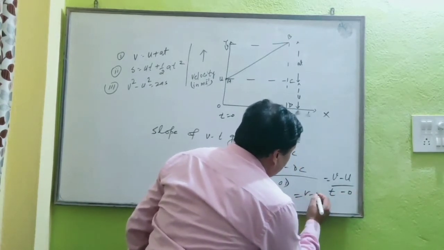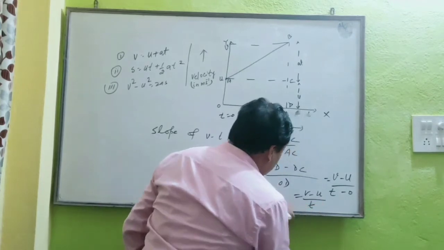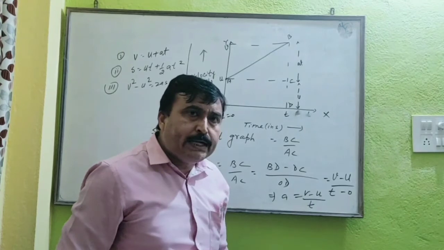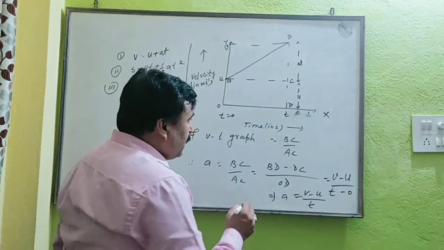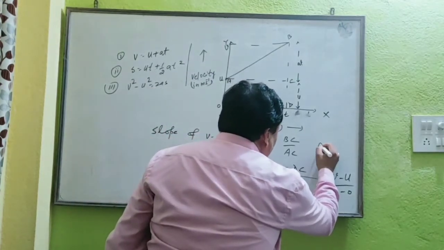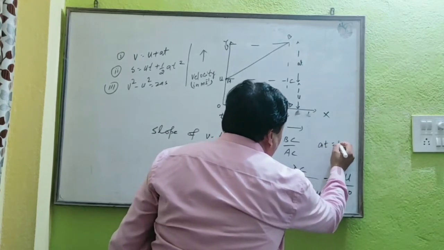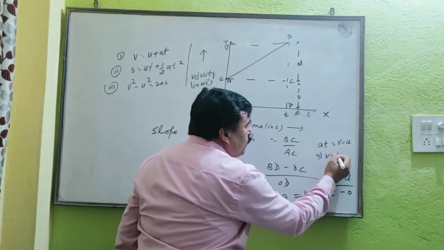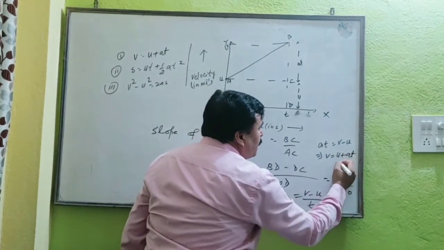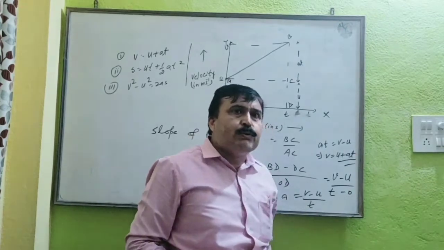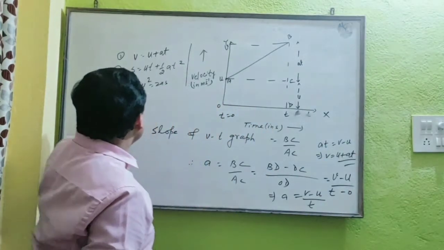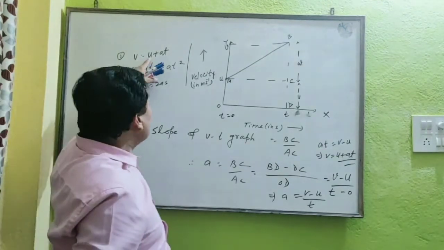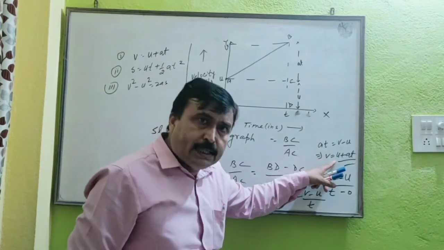So a equal to v minus u by t. In this way, a equal to v minus u by t. Next, at equal to v minus u, or v equal to u plus at. In this way, the first equation of motion, v equal to u plus at, is derived.